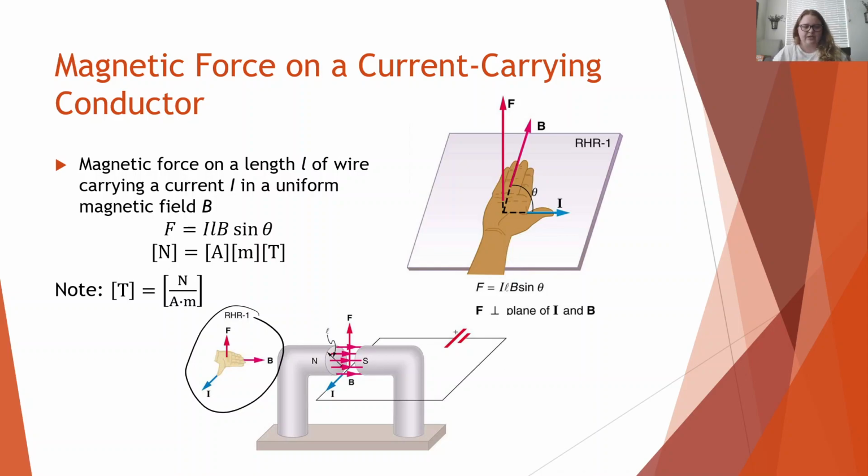I is in amperes, L is in meters, B is in teslas, and combining all of those gives you a newton. So that magnetic force F is equal to I L B sine theta. Of course, theta is again the angle between the current and the magnetic field directions.